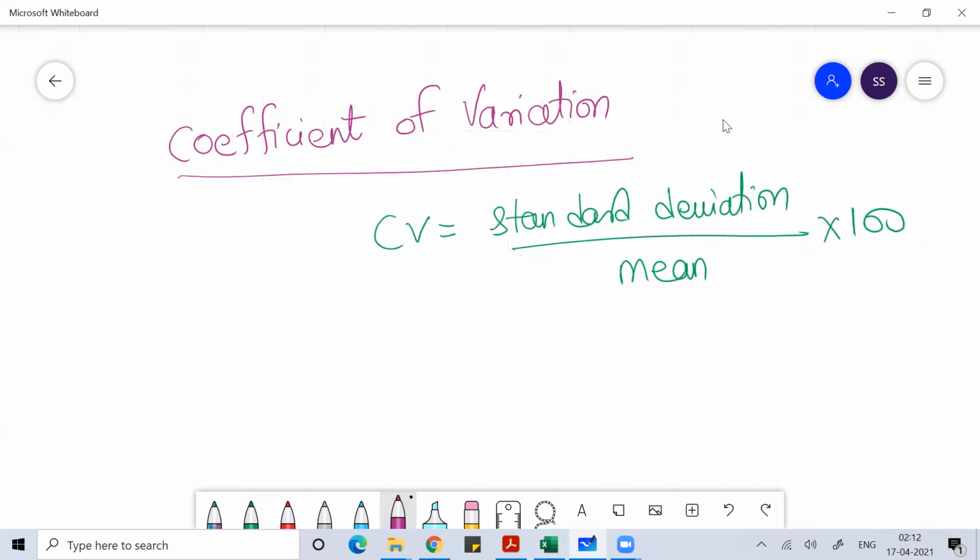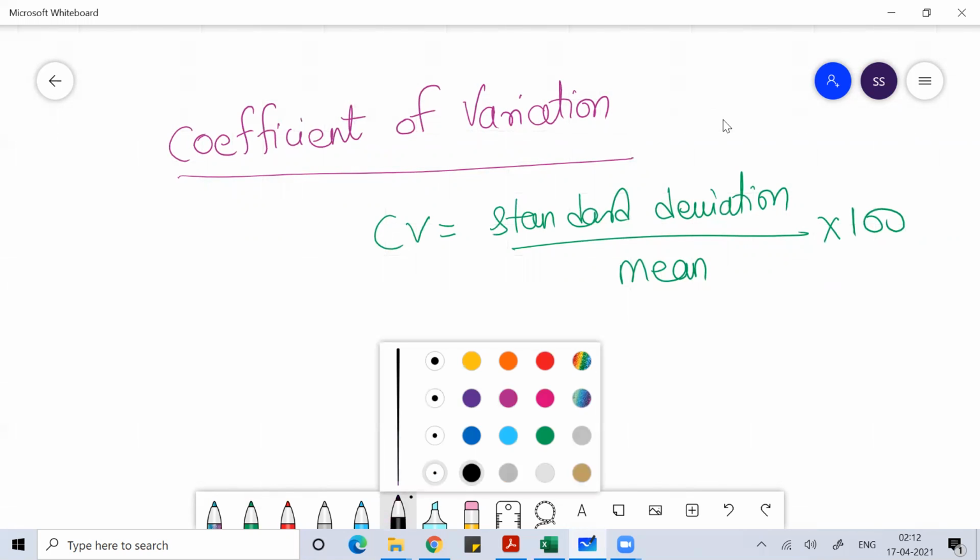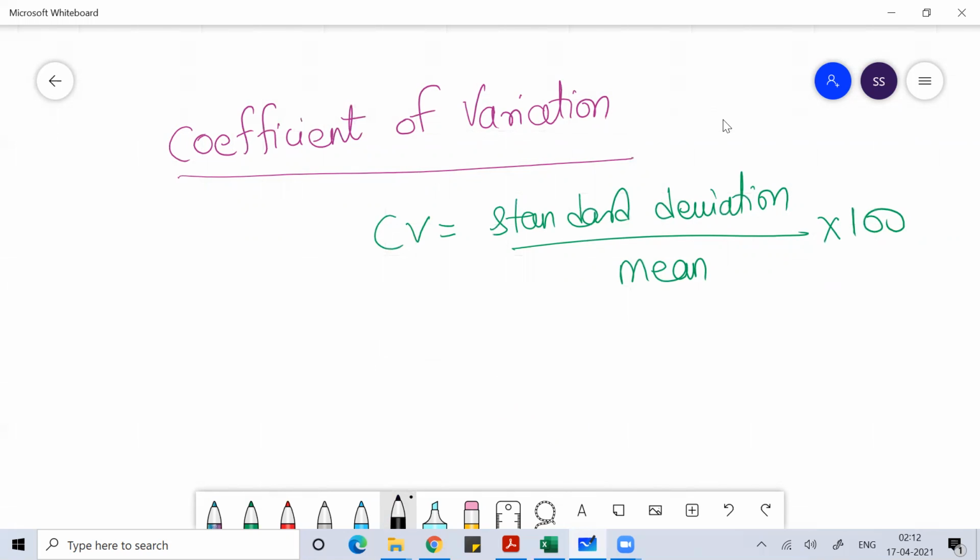When we talk about the coefficient of variation, once you calculate it, you need to understand that the lesser the coefficient of variation, the less the variation in the data, which means you see more consistency in the data.